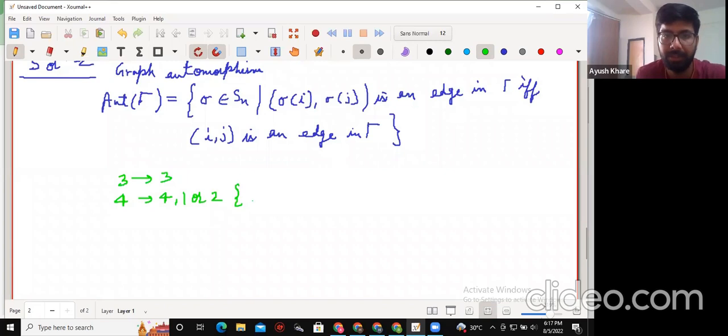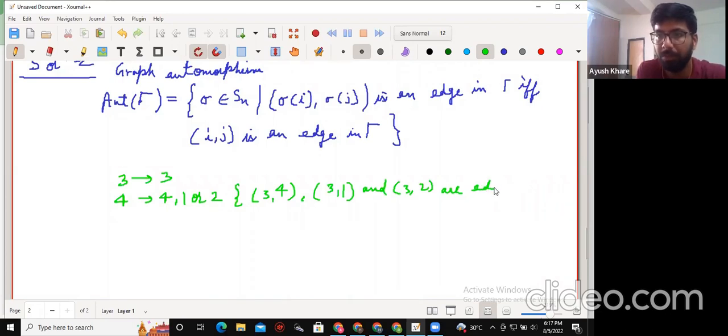And the reason here is simple, because 3, 4, 3, 1, and 3, 2 are edges in the graph.